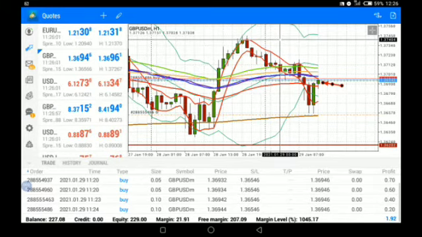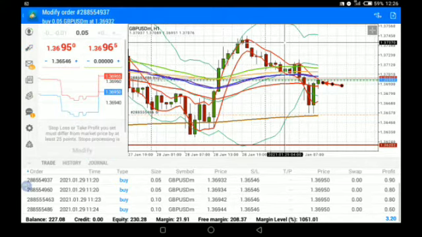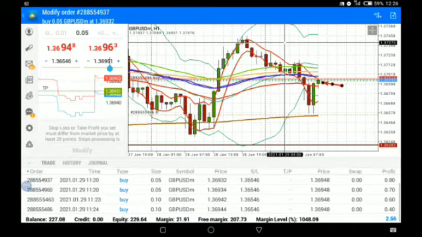So this is the daily high. I'm going to place my TP at around the daily high. Let's place TP here. I don't want to be selfish, so you can see where I'm taking my TP for this trade.